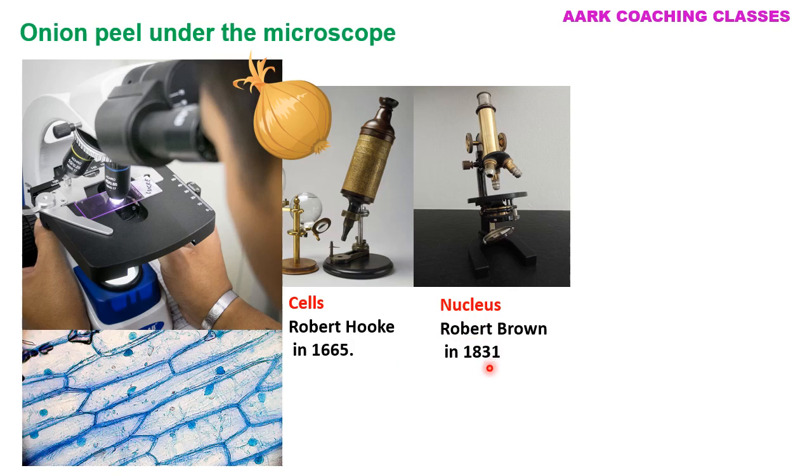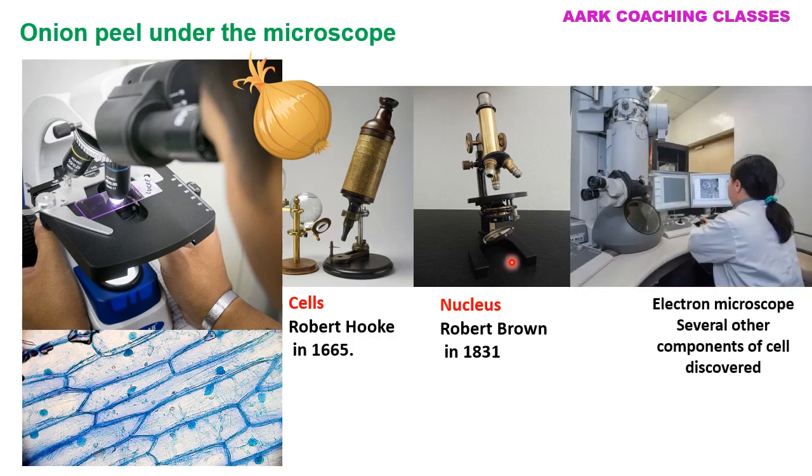So as you can see, this is a microscope. When we say microscope in today's world, we imagine these kinds of things, right? It was very primitive at the time of Robert Hooke. There were several technological advances in the design and construction of microscopes.